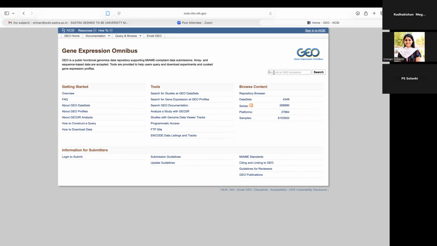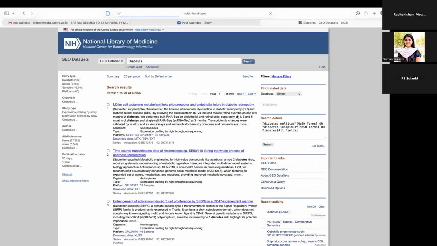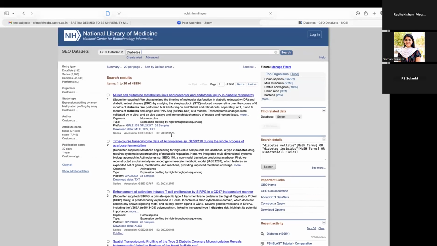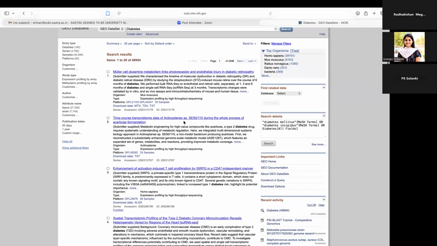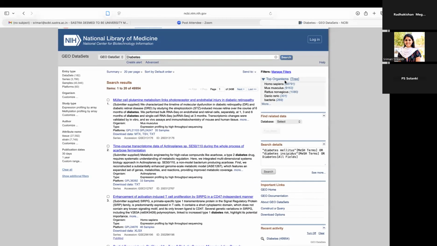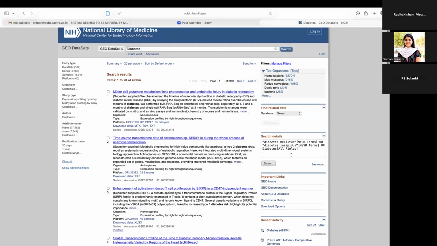For example, we have to search using keywords. If we give diabetes, it shows there are 449,000 data profiles, and we choose datasets. Here the left side is the filter panel, the center segment is the results, and the right segment is for the organism filter and search details.